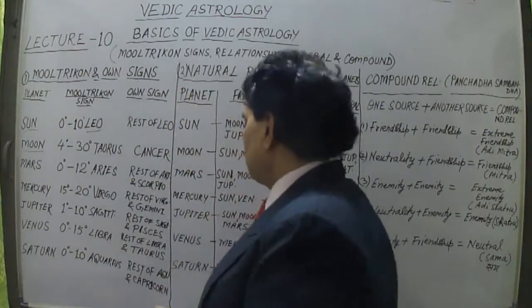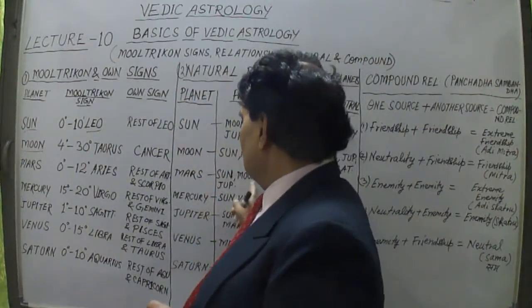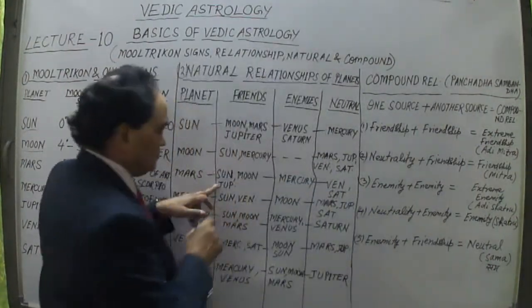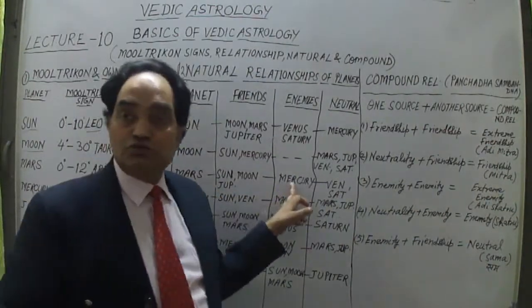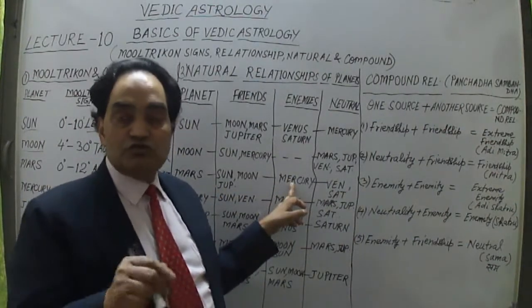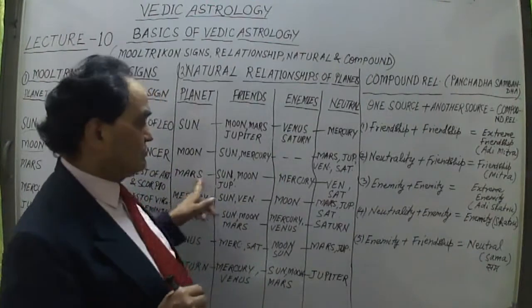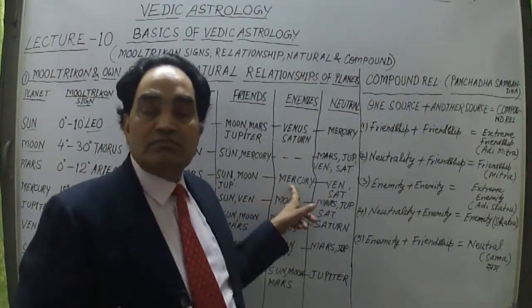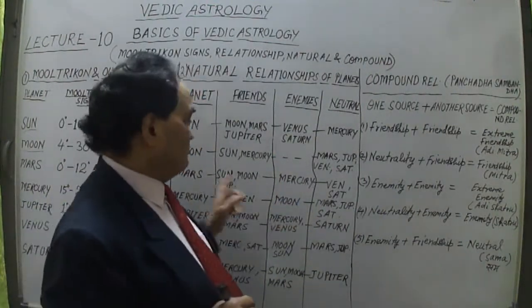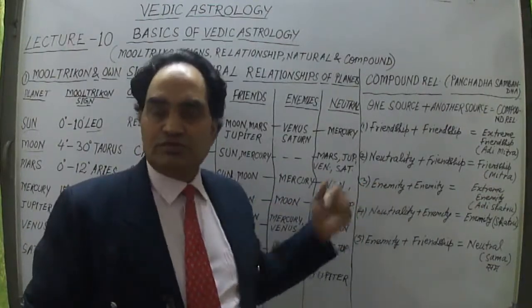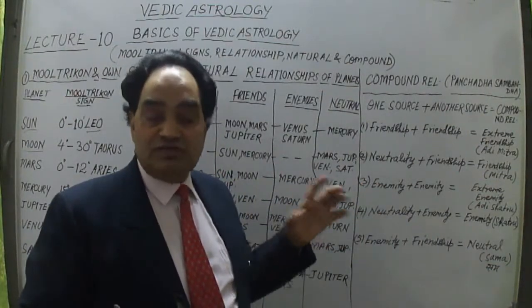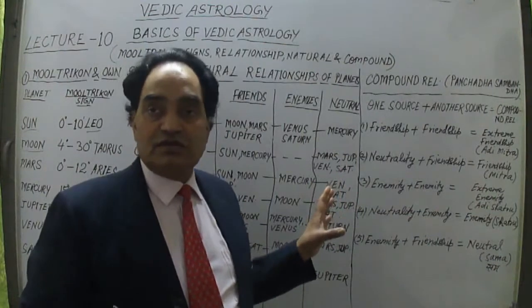Now come to the next point. Mars: Sun, Moon and Jupiter are friends. Mercury is an enemy to Mars, while Venus and Saturn are neutral.